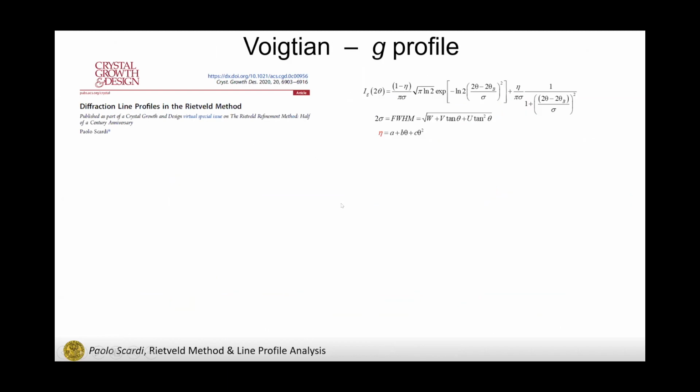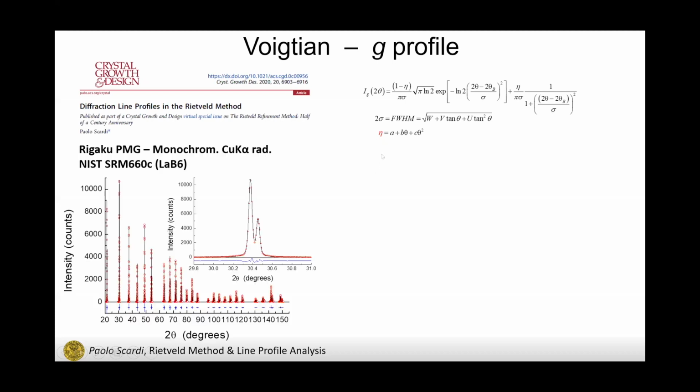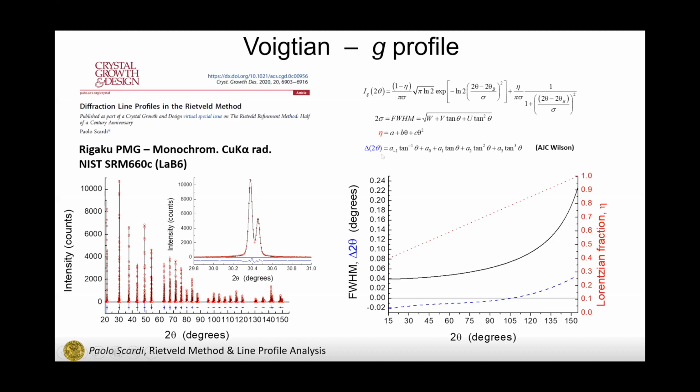However, you can do things very often in a simpler and, let's say, more agile way. But I'm talking of this possibility because I'm using this in the next slides for simplicity. If the instrument has good optics, it's possible to produce a reasonably symmetrical instrumental profile for which you can use a pseudo-Voigt function with the width, sigma, which you see is half width actually, and eta, which is related to the shape, which can be easily parameterized as shown here.